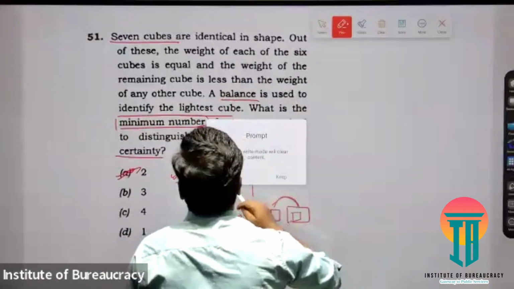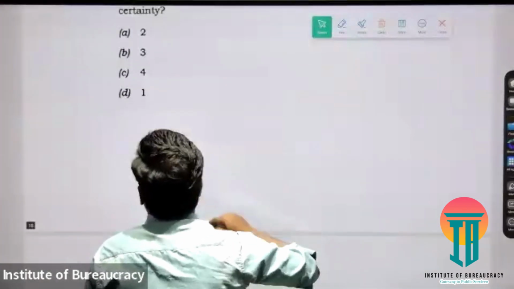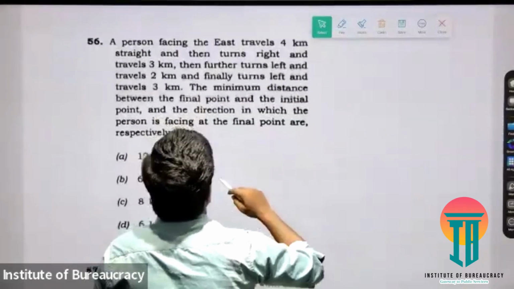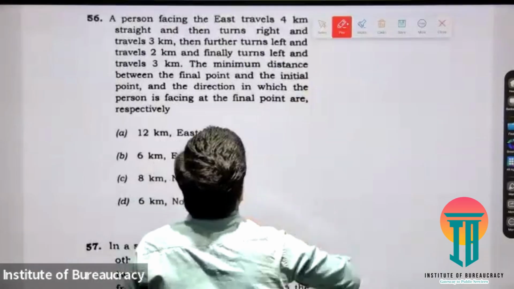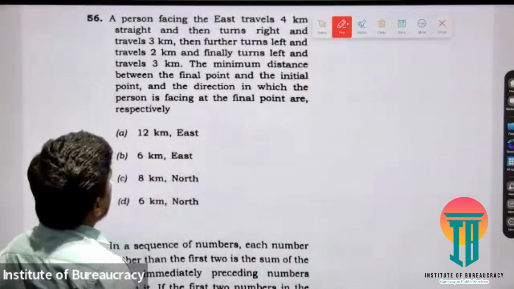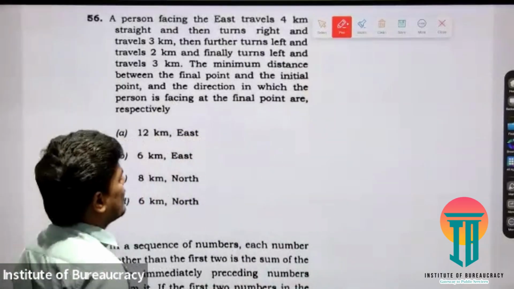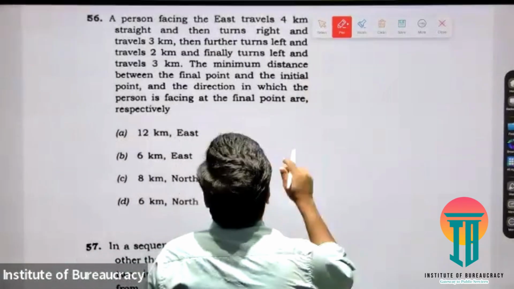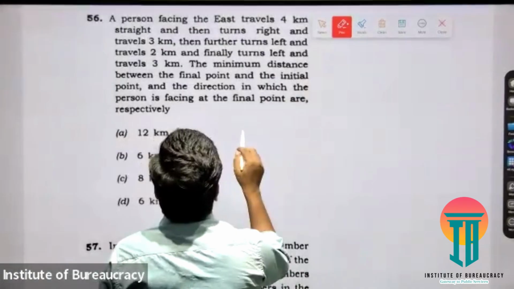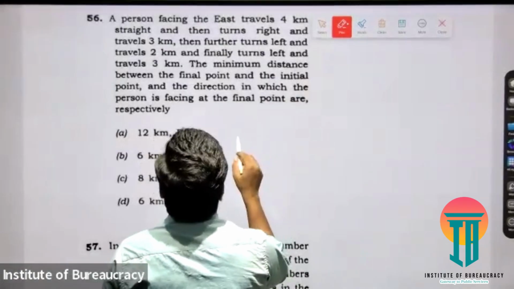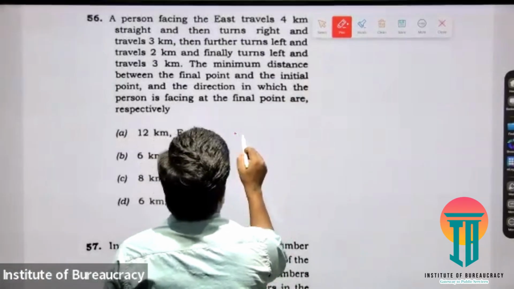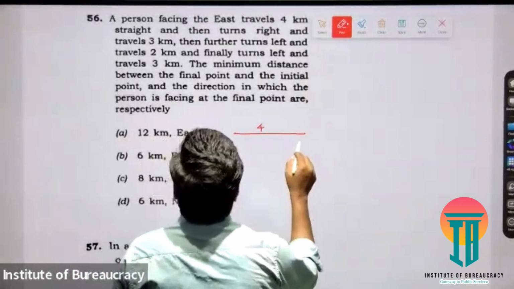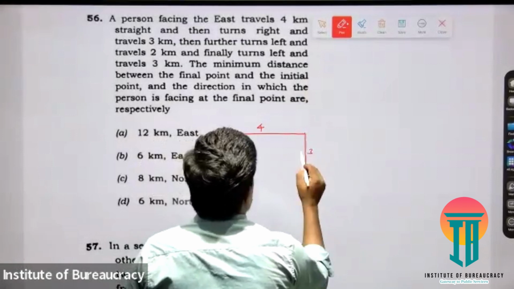The next one. A person facing the east, this is another easy direction-based question. A person facing the east travels 4 kilometers straight east, and turns right and travels 3 kilometers.